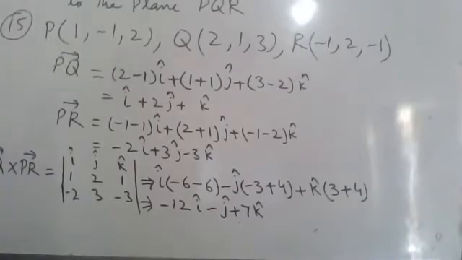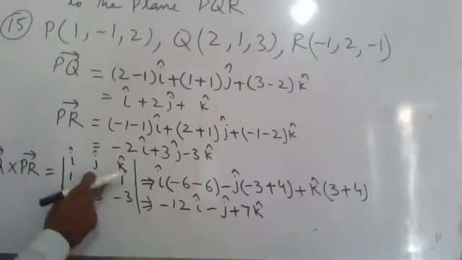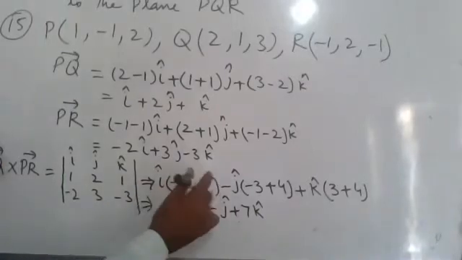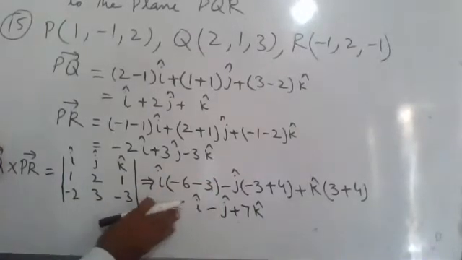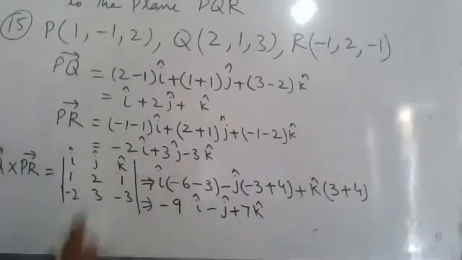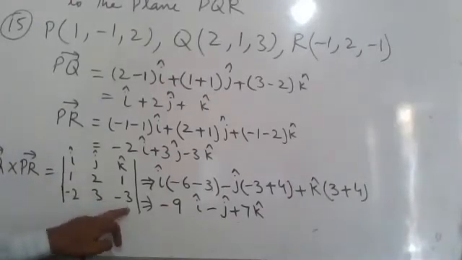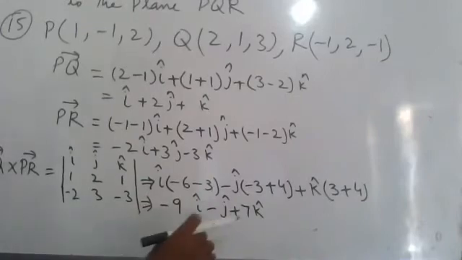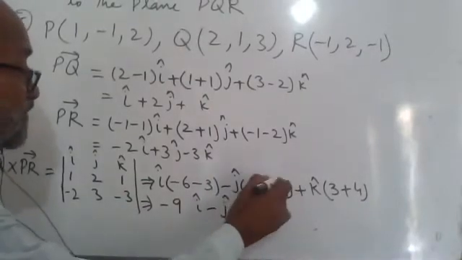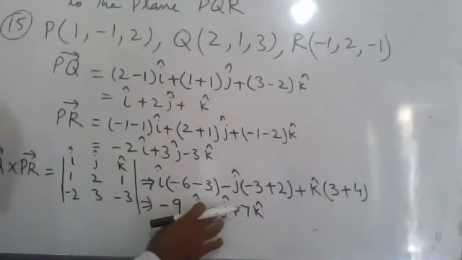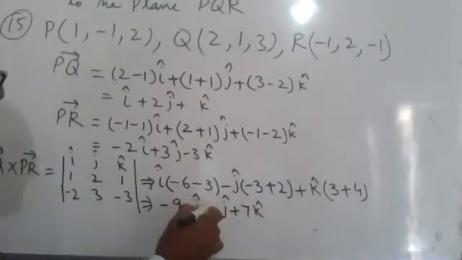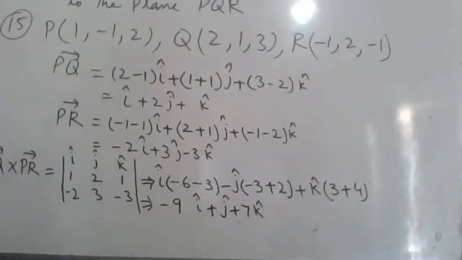Now we are taking 2 into minus 3 minus 3, so it will become minus 9 for i. Now we'll take j: 1 into minus 3 will be minus 3, 1 into minus 2 will be minus 2, minus minus plus 2, so minus 1, and minus 1 with the minus sign will be plus j.